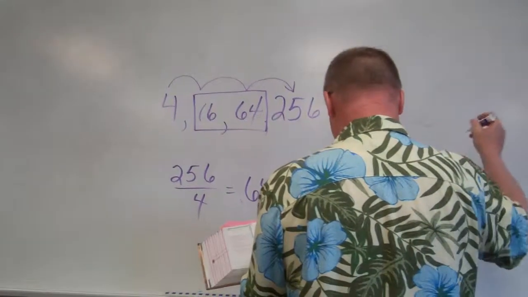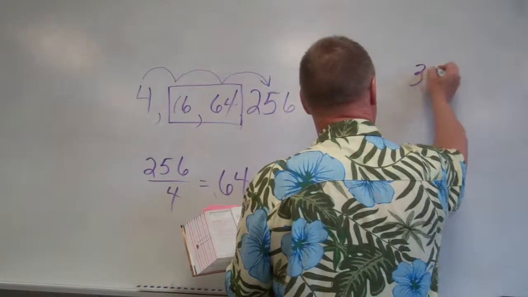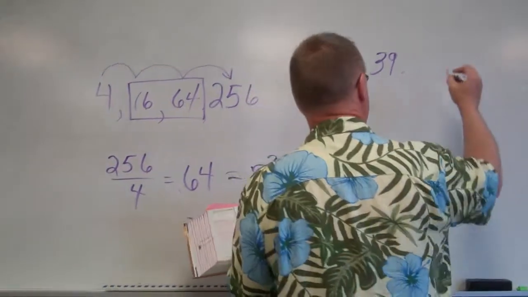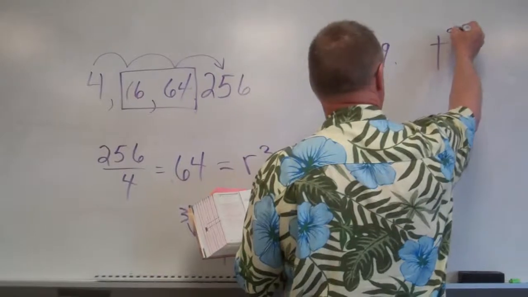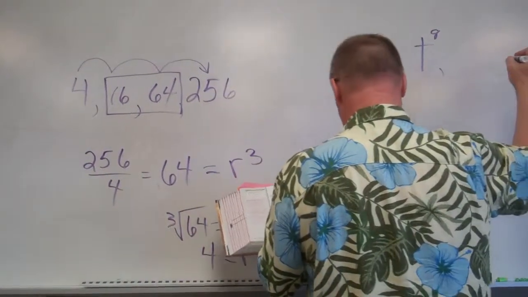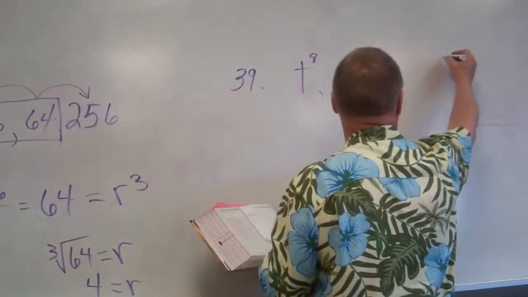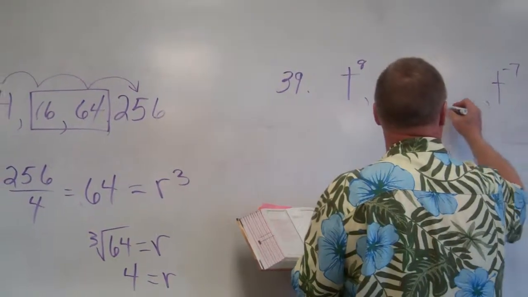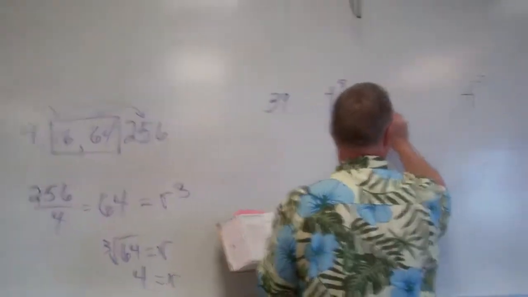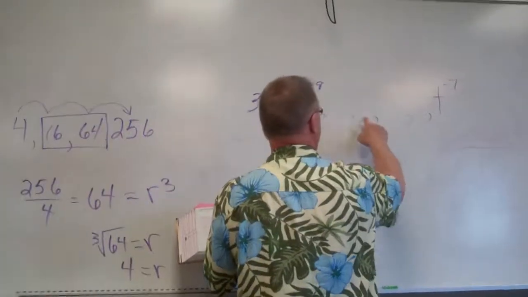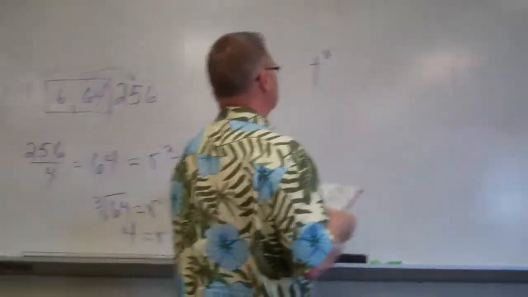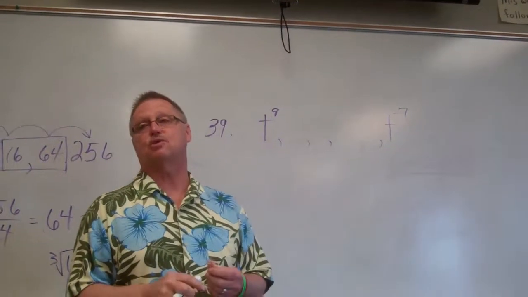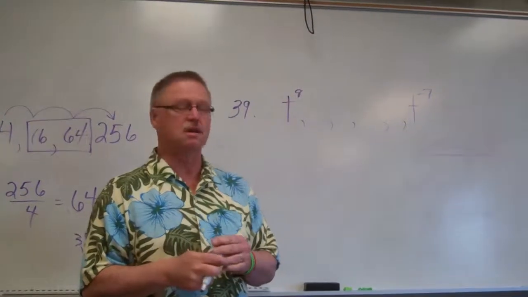For 39, you've got 4 means between T8 and T negative 7. One, two, three, 4 missing values. We know it's geometric, so it's going to be done by timesing.